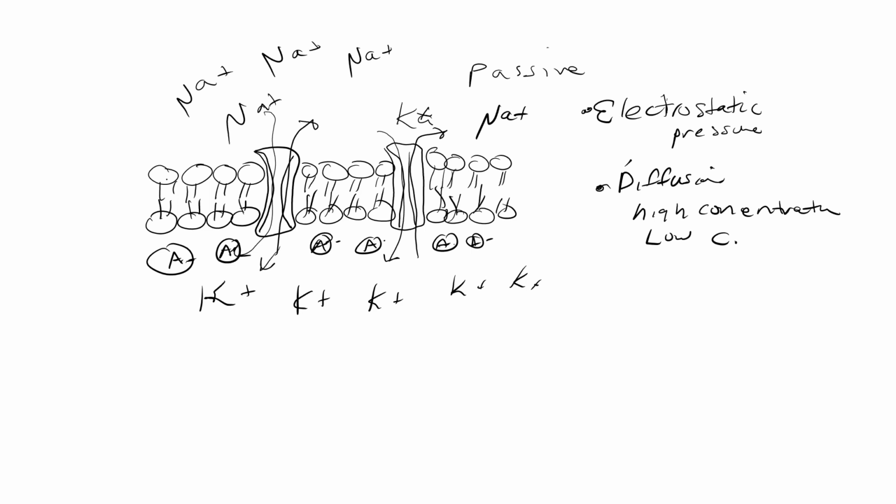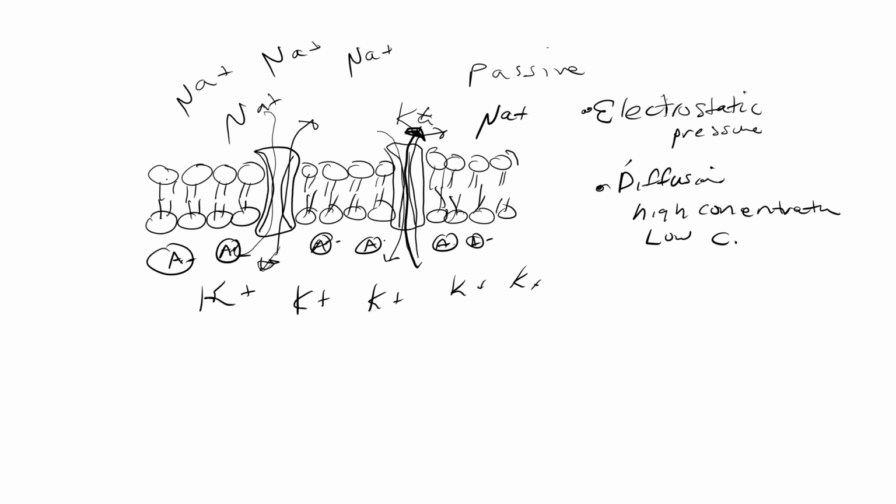So in other words, there's a lot of potassium here. So this potassium is going to tend to just want to flow out passively. It wants to diffuse out into an area that has less potassium, and the sodium wants to diffuse in. So this is something that's kind of going along all the time with the cellular membrane.